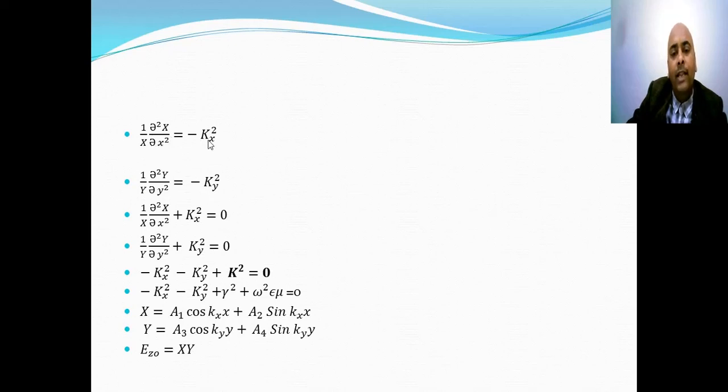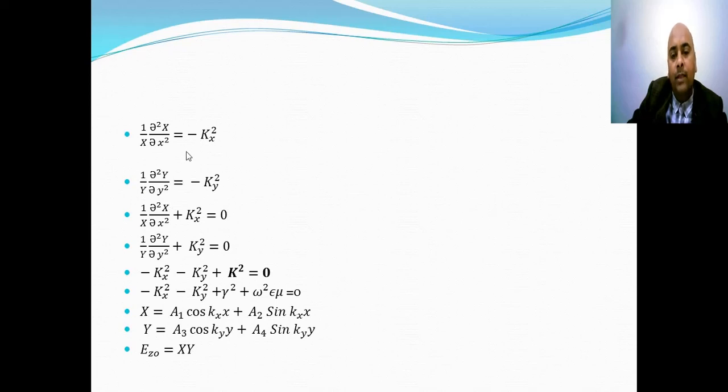After rearranging these equations, 1/X ∂²X/∂x² plus kx² is equal to 0. Similarly, 1/Y ∂²Y/∂y² plus ky² is equal to 0.